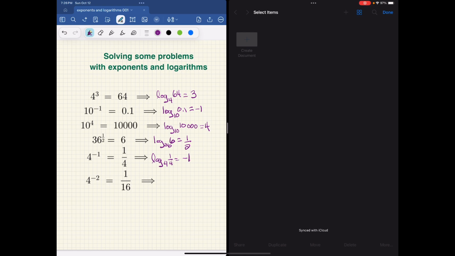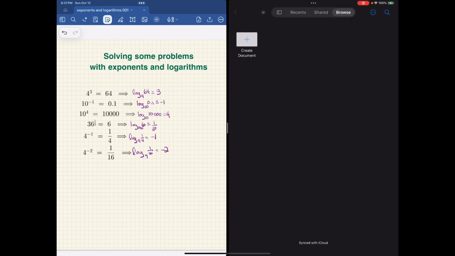And finally, 4 to the minus 2 power equals 1/16 is the same thing as saying log base 4 of 1/16 equals -2.